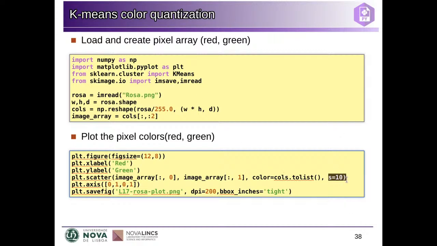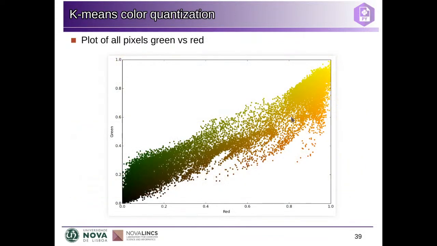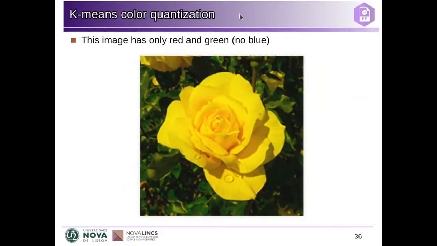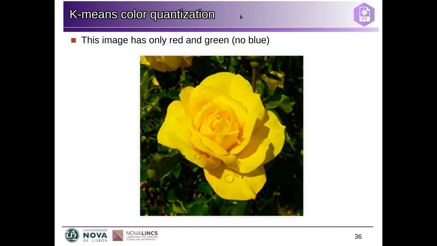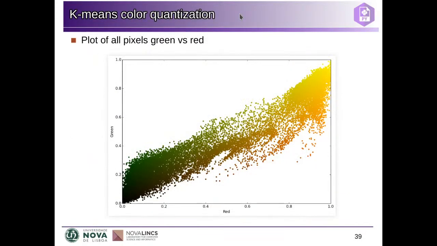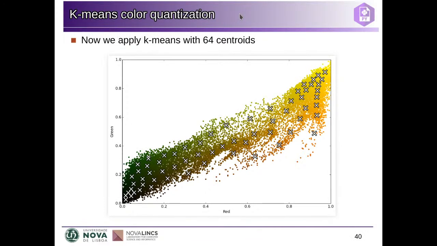And here I can set the size of the circle. So this is what gives me this image. I'm plotting the coordinates for all the pixels using the colors as coordinate values, but I'm also painting all the pixels in their corresponding colors. So these are all the pixels of this image, but plotted with green as a function of red. And now we're going to do k-means.